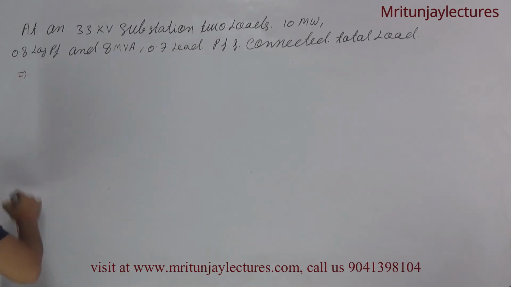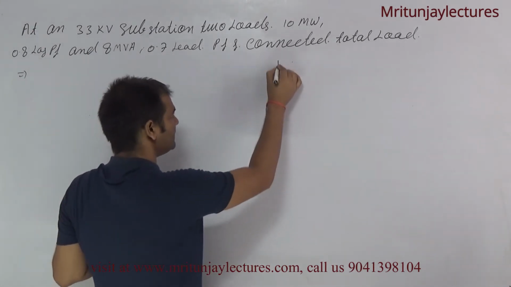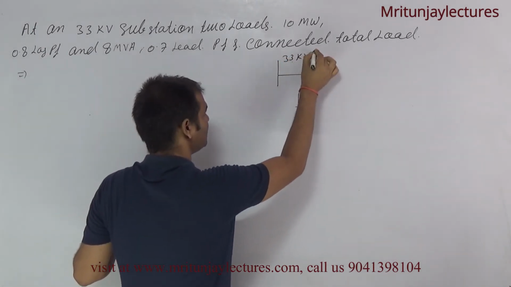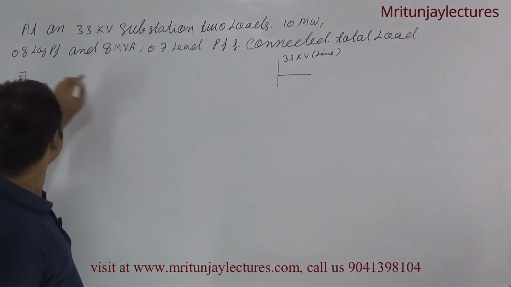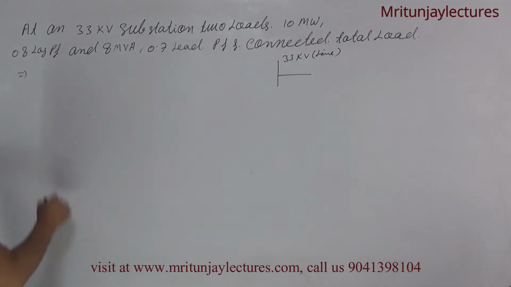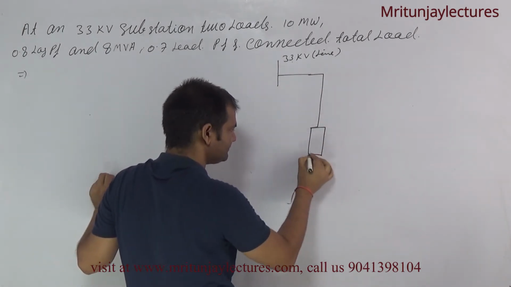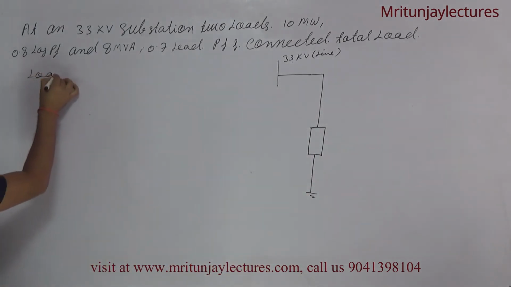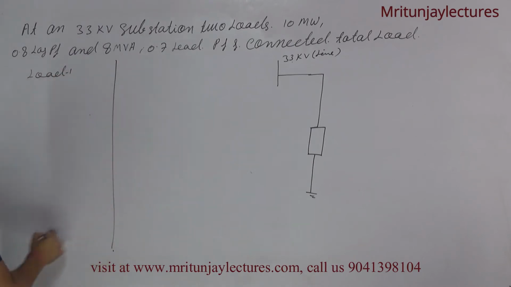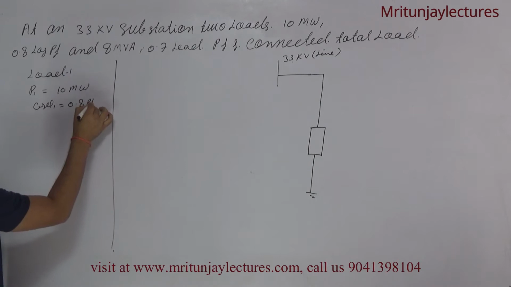According to the question, at a 33 kV substation, that is the line voltage, there are two loads. Load 1 is connected like this. P1 is equal to 10 megawatt and cos phi 1 is equal to 0.8 power factor lagging.